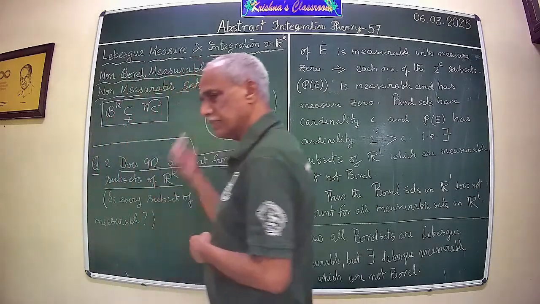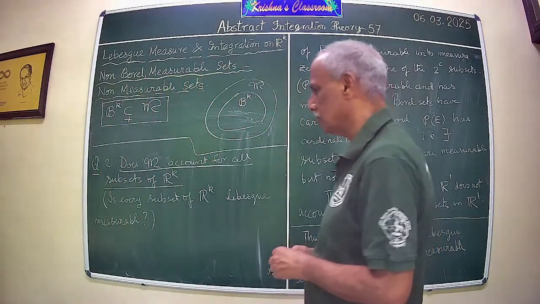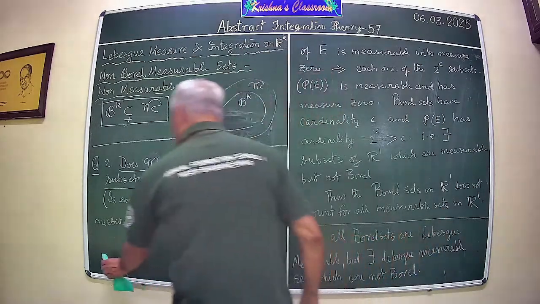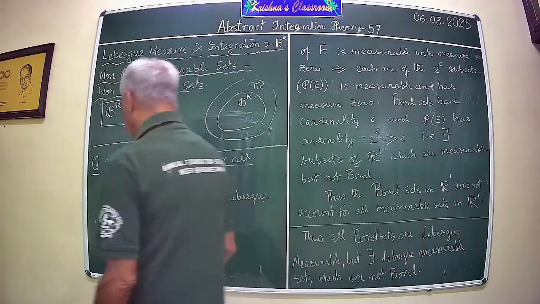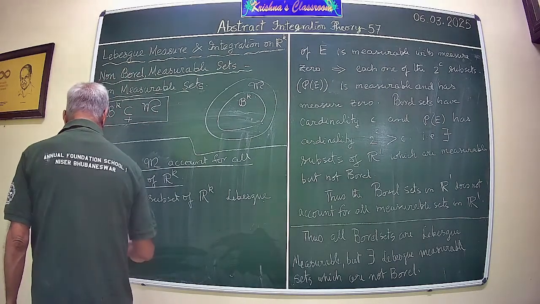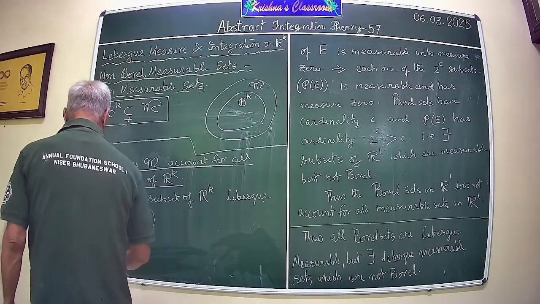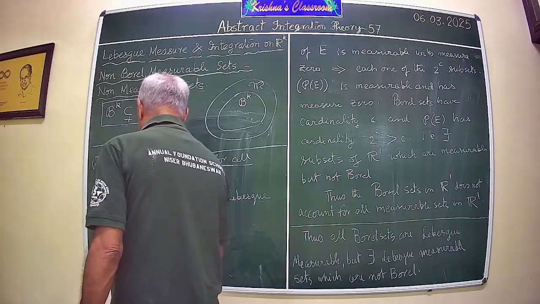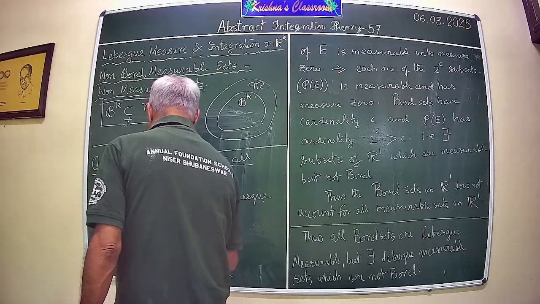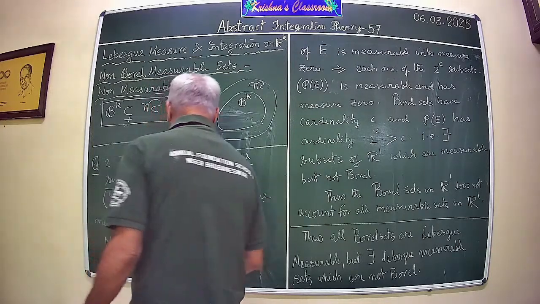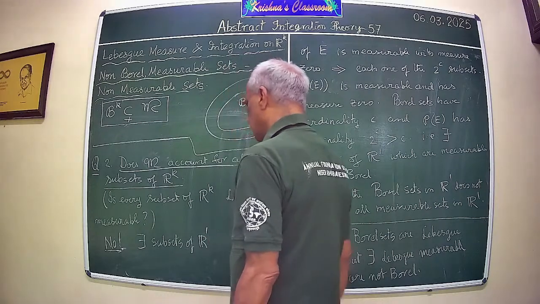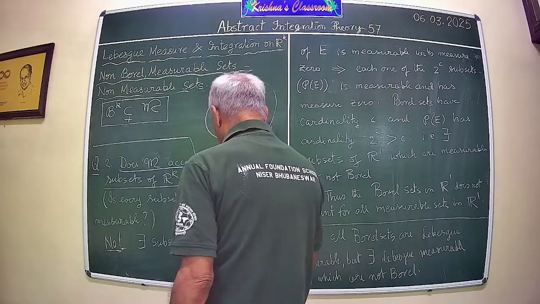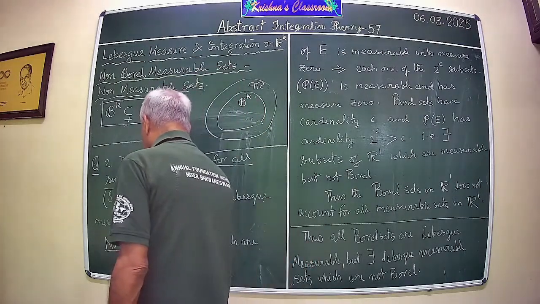Now this question we have considered earlier. We have also given a proof of this thing. But let us recall it for completeness of this lecture. Just to outline the proof. So the answer is no. There exist subsets of R1 which are not measurable.